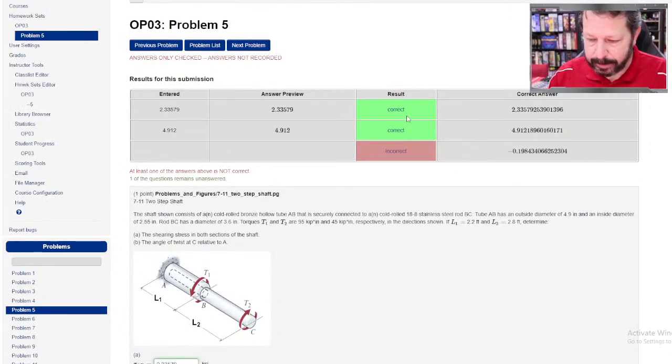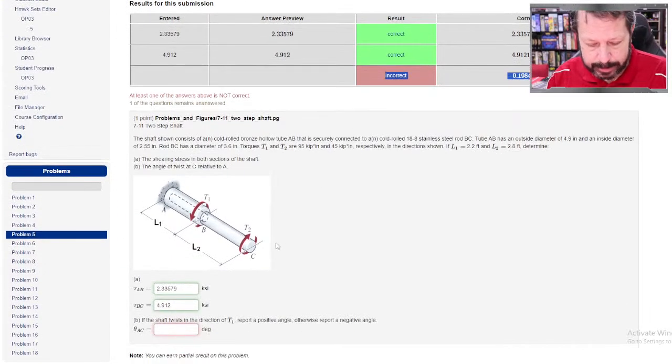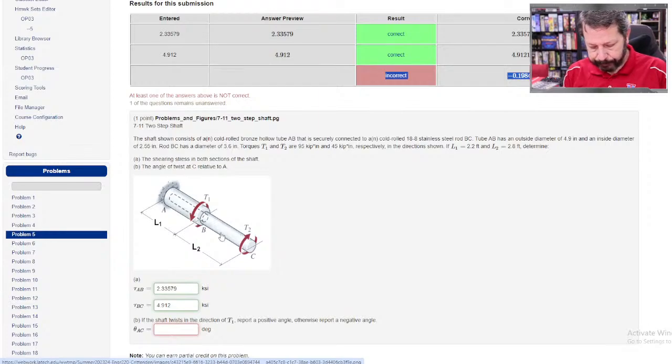And it's correct. The bottom one here is an angle of twist. We haven't talked about that yet, so we haven't gotten there yet. So those are pretty much the types of questions you'll answer with the torsional shear stress.